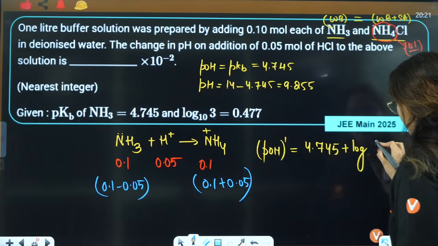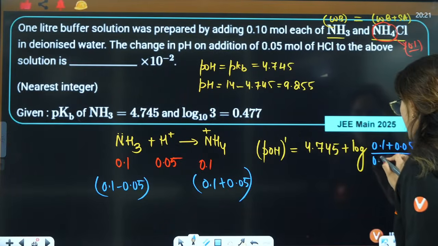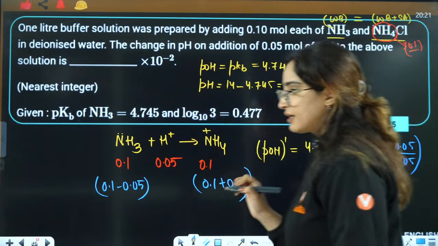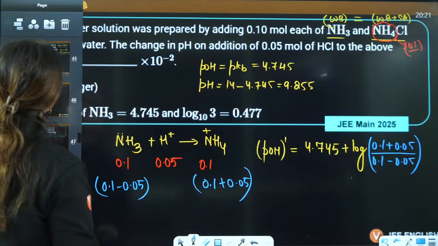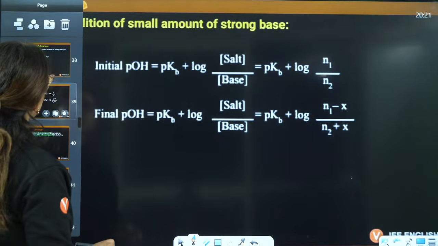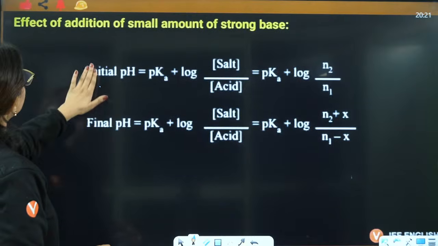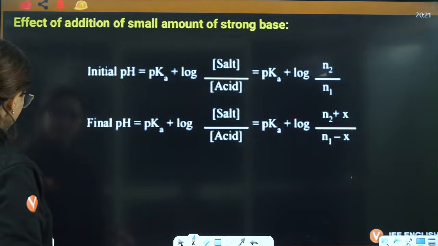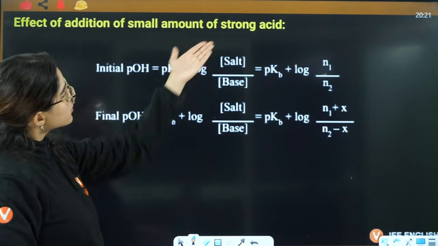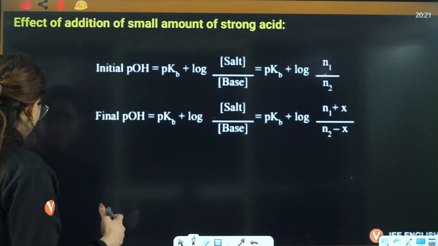This is going to be, do you remember that thing that we did, plus x minus x, 0.1 minus 0.05? Okay, do you remember these formulas that we did, plus x minus x, right? This is the case of when you add strong acid, plus x minus x, where x is the amount of acid that you add.